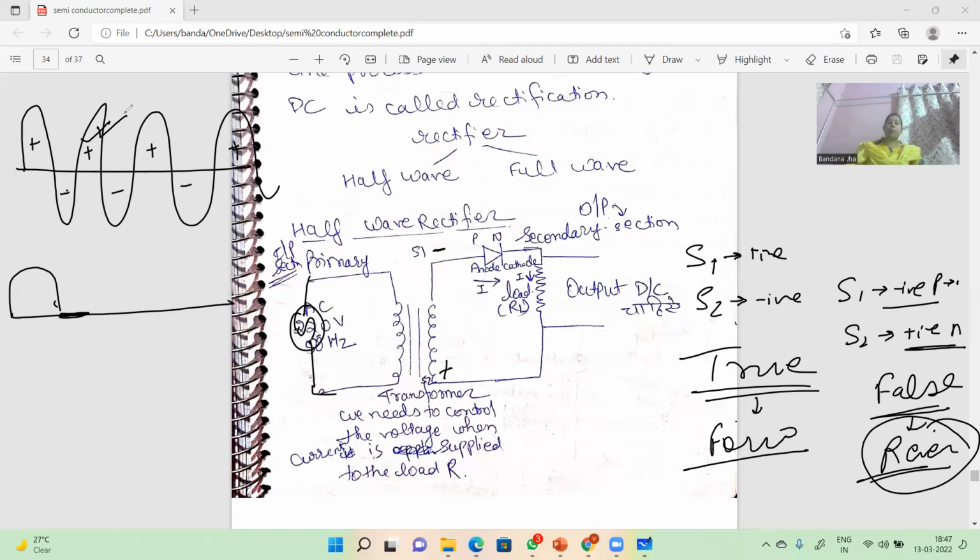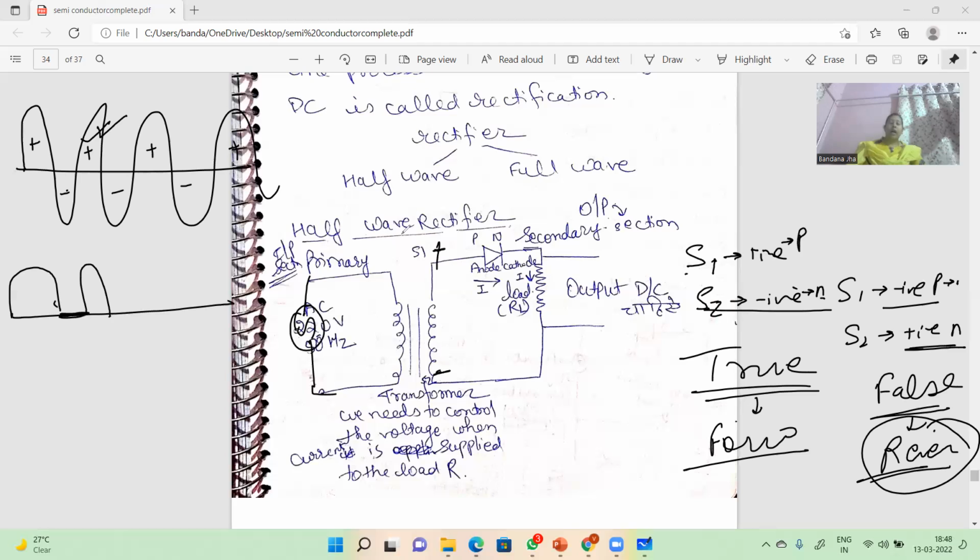When we are talking about positive, S1 becomes positive and S2 becomes negative. It means S1 is connected to my P type and S2 is connected to my N type. True connection. It means current will flow. Understood?